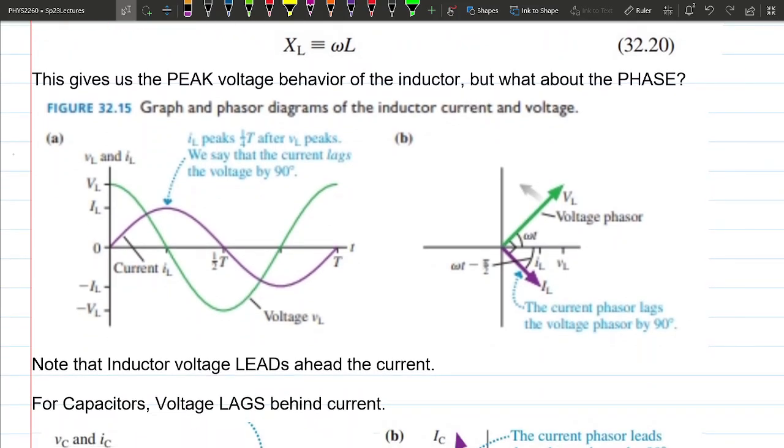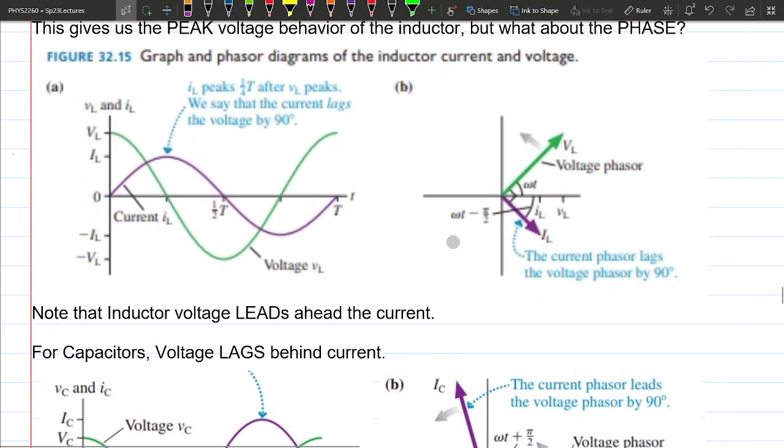And this actually gives you very interesting behavior. Once again we're going to do these little graphs where we plot the current across the inductor. So it follows this purple graph, because it's just a sine function, where the voltage across that inductor follows the cosine graph.